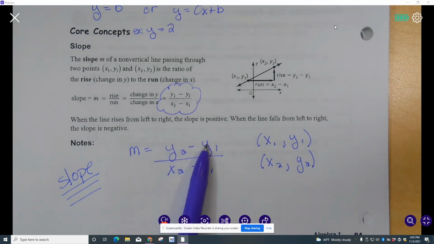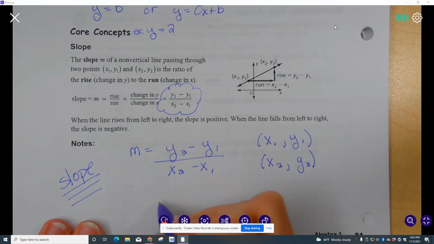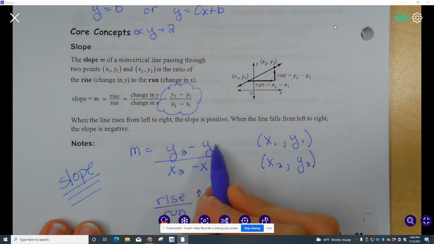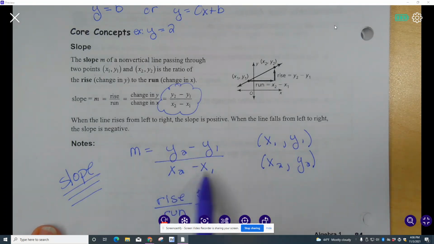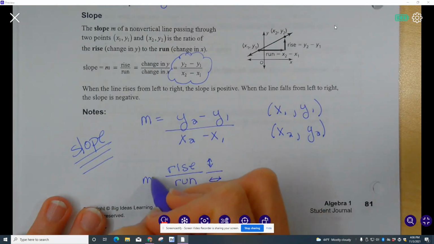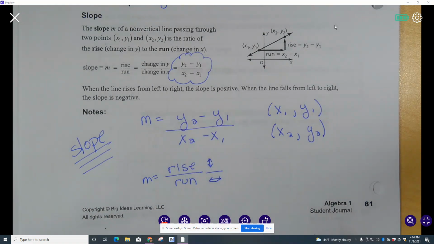Notice your y's are on top and your x's are on the bottom. That goes along with slope being rise over run. So rise is up down like the y-axis, and run is right left like the x-axis. So that's why our y's are on the top.